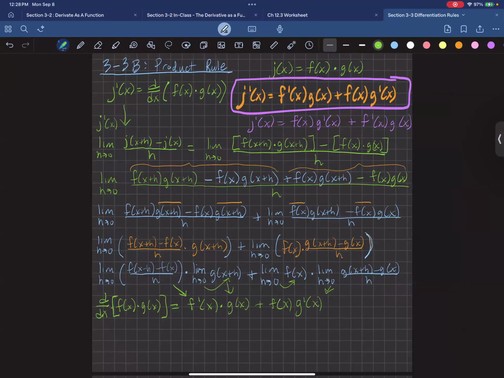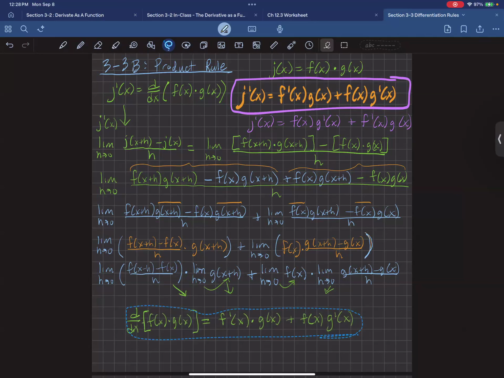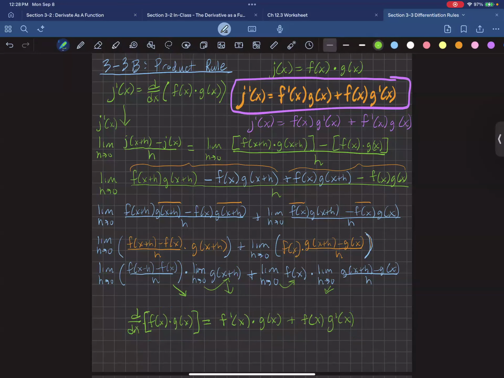In fact, this is another way of writing it that doesn't have the J in it. So I'm going to put this down here. You know what? Maybe I will use the thick pen. The thick pen makes it easier to look at and see.